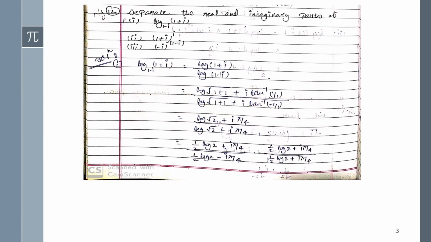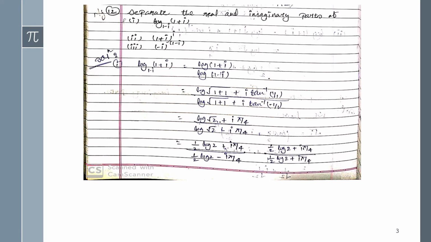Here I have written the 12th example because we have already practiced 11 examples. So see the next one. The question is: separate the real and imaginary parts of the given functions.